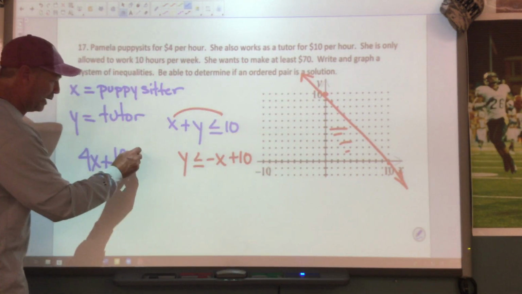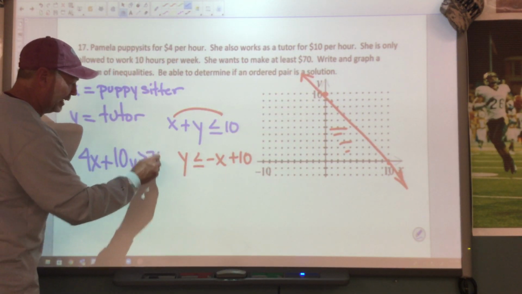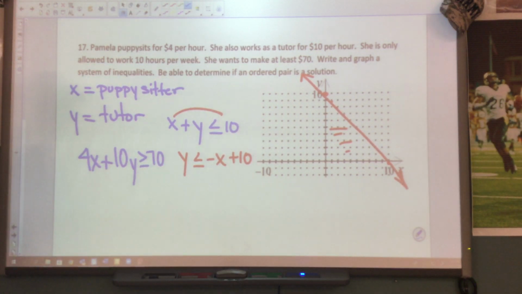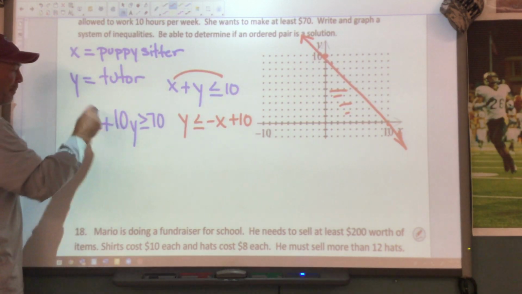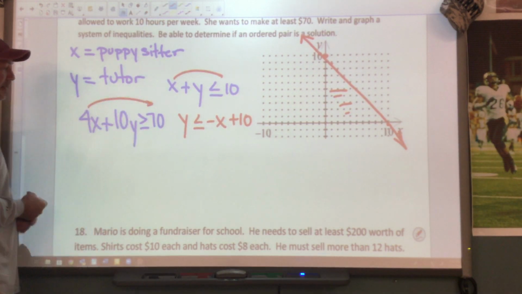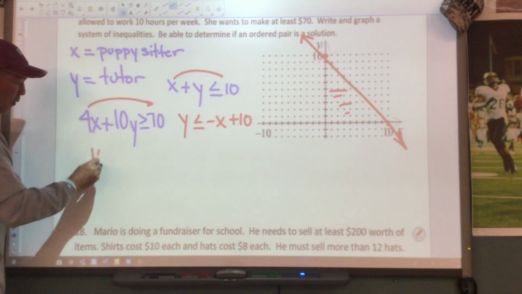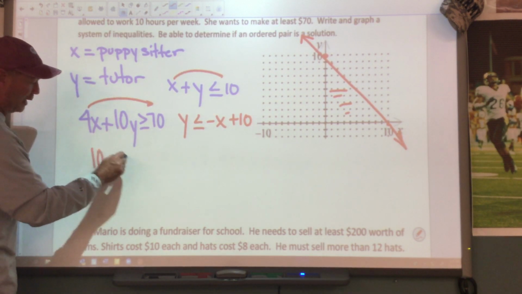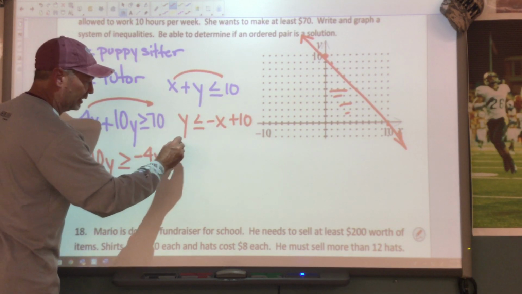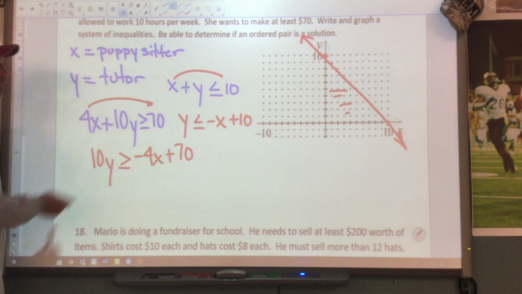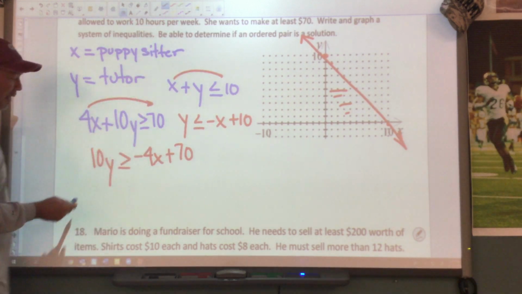So this is going to be greater than or equal to $70. Let's move this just a little bit. I need to get y by itself, so we're going to move the 4x. We're going to get 10y is greater than or equal to negative 4x plus 70. We're going to divide by 10.